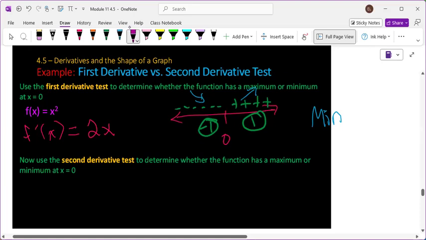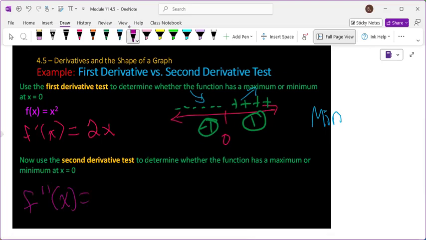Now our second derivative, if I just take the derivative of my derivative, what's the derivative of 2x? Just 2. Is 2 positive or negative? So this graph is completely concave up.